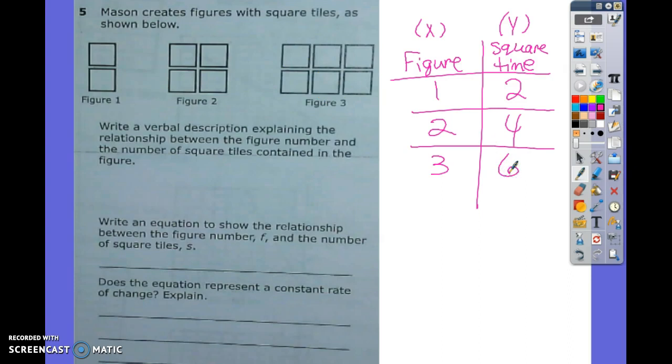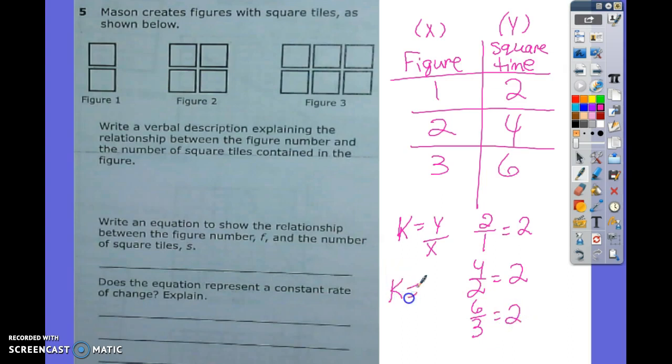So we want to be able to find k so that we can write an equation. Remember, k is y divided by x. In the first ordered pair, 2 over 1, y divided by x, is 2. In the next ordered pair, 4 divided by 2 is 2. And in the next ordered pair, y divided by x, 6 divided by 3, is 2.